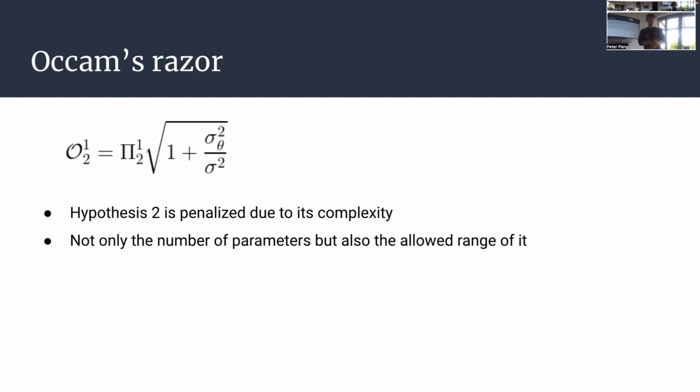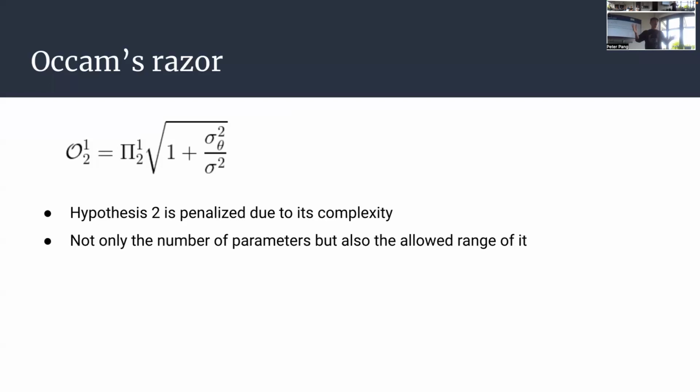But actually, there's something more. If we just think about Occam's razor, we'd say there are 3 parameters, 4 parameters, so it's more penalized. But here it tells you not just the number of free parameters, but also the range of parameters that you allow. Wider parameters are much more penalized compared to tighter parameters.